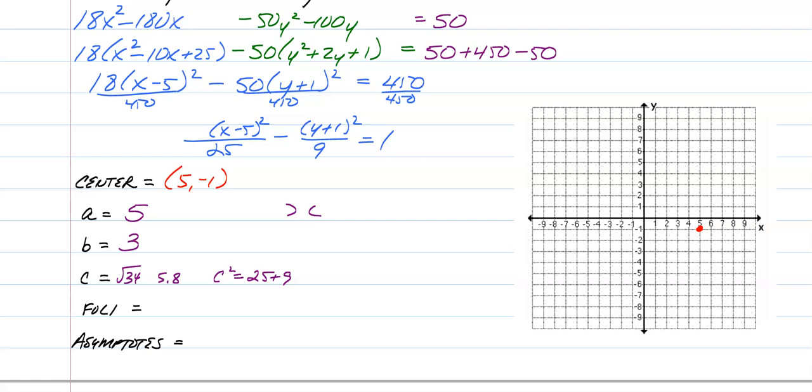So we have 25 as our a squared, stretching to the right and left. We have b squared of 9, so we're going to go up and down 3. But now instead of drawing an ellipse, you're going to draw a box, and that's just going to help you draw this hyperbola.